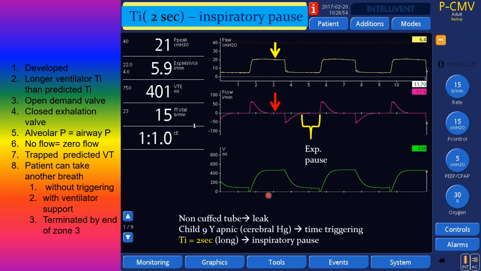This is the predicted tidal volume for these two pressures, and this is the predicted time for these two pressures and for this tidal volume.